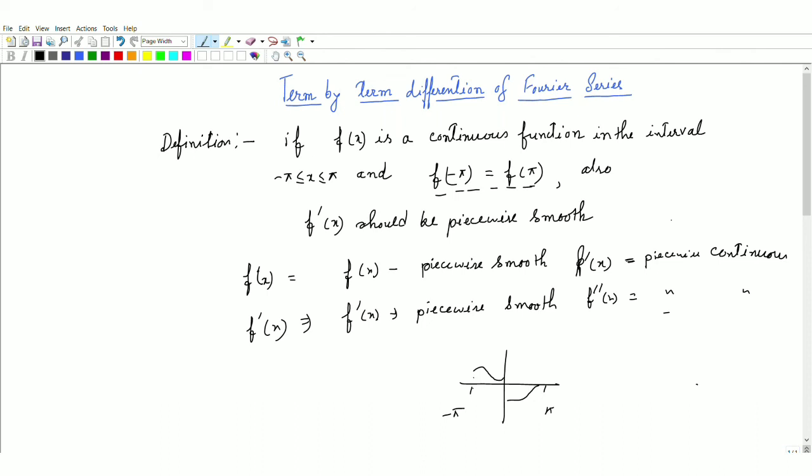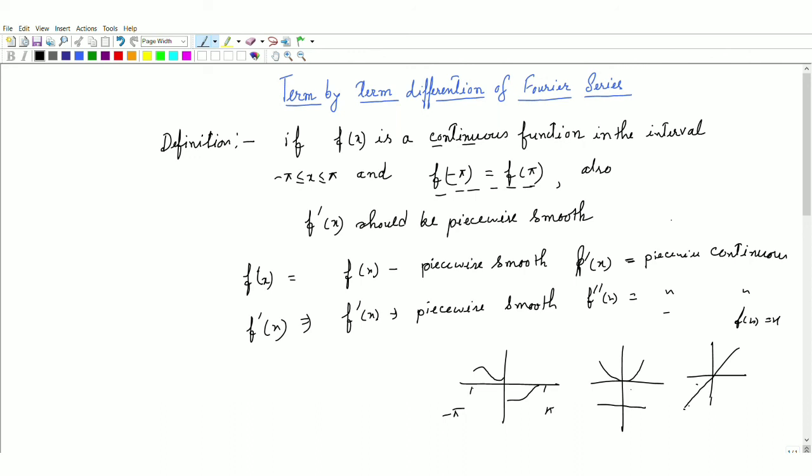So the initial condition is that the function should be continuous in the defining interval. Here f(x) = x satisfies this first condition, but it does not satisfy the second condition.